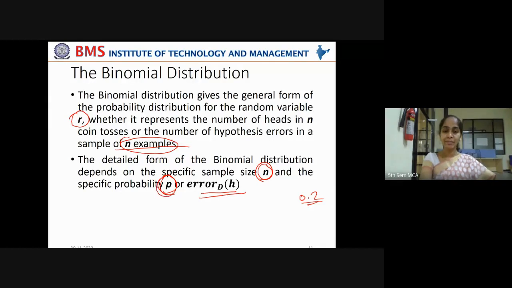If we take it as P, then it also represents the true error. This P also represents the true error. True error is the error associated with new instances, the error associated with the larger population.